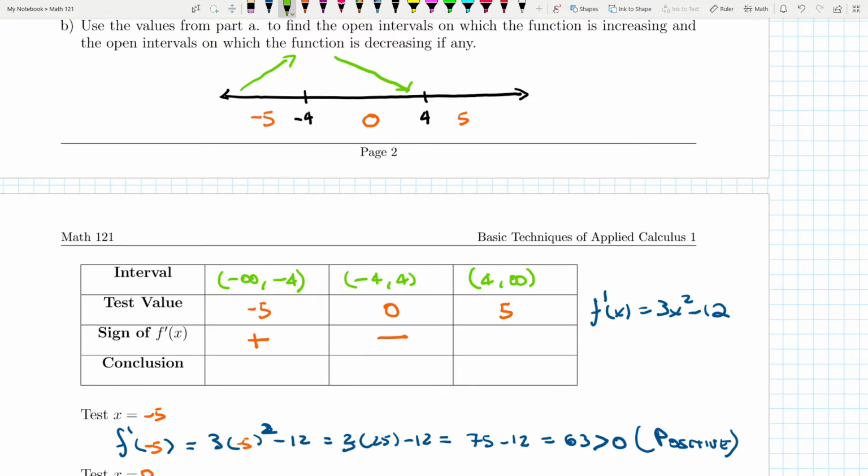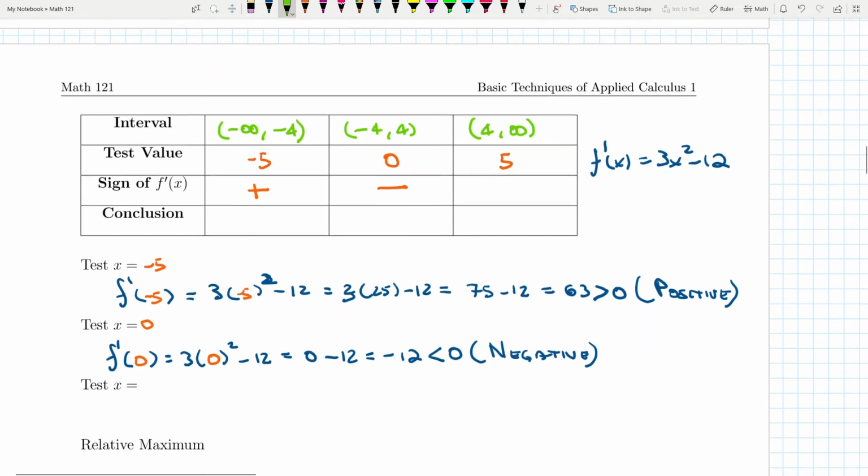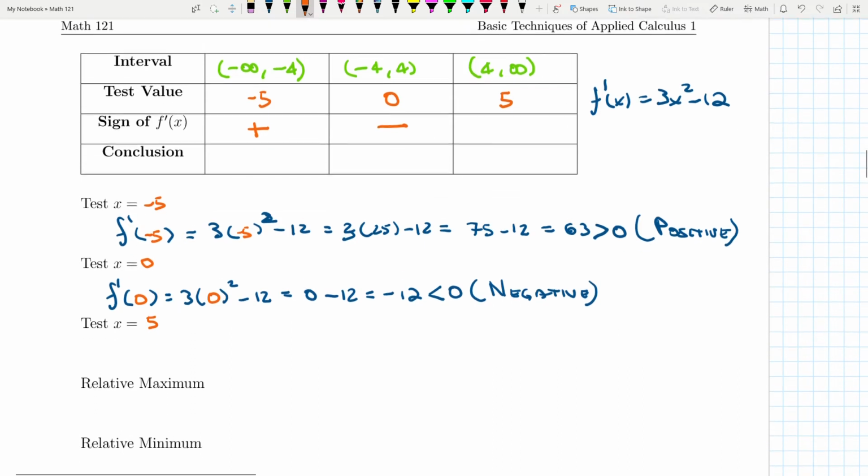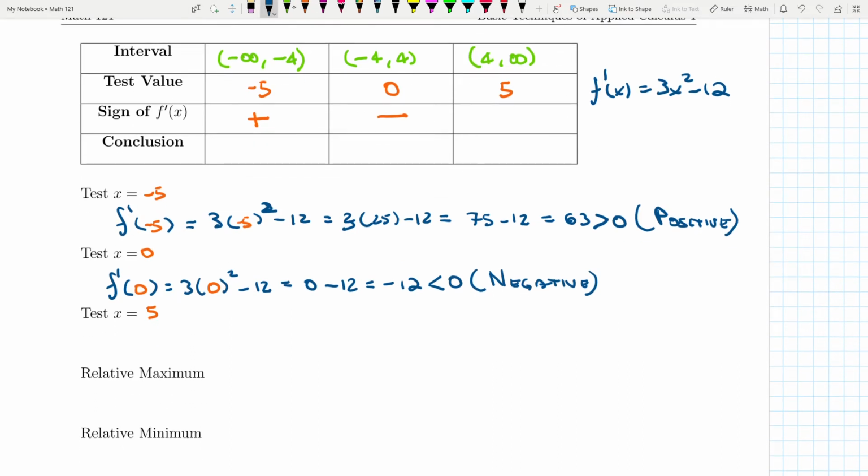Okay, let's see what we get for the next test value. All right, so test x equals 5, and f prime evaluated at 5 equals 3 times 5 squared minus 12. Let's plug this 5 in, same quantity essentially, 5 squared, which is 25, times 3, that's 75, minus 12 equals 63, which again is also a positive number.